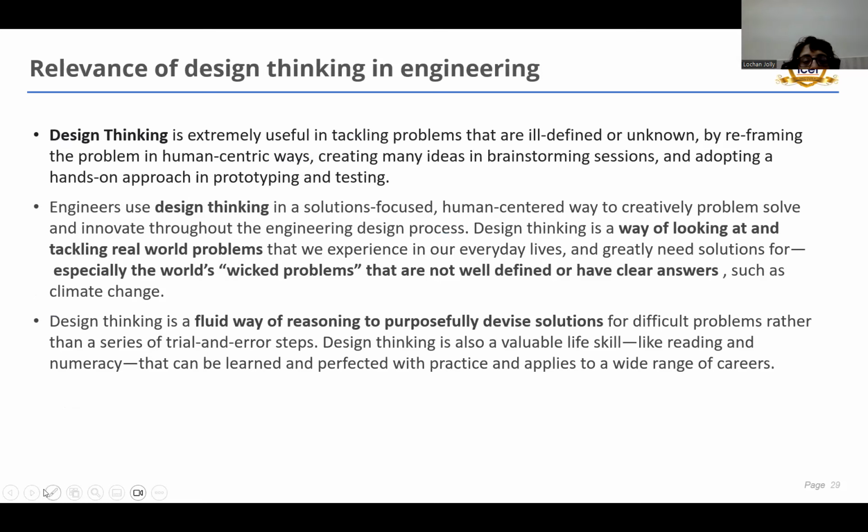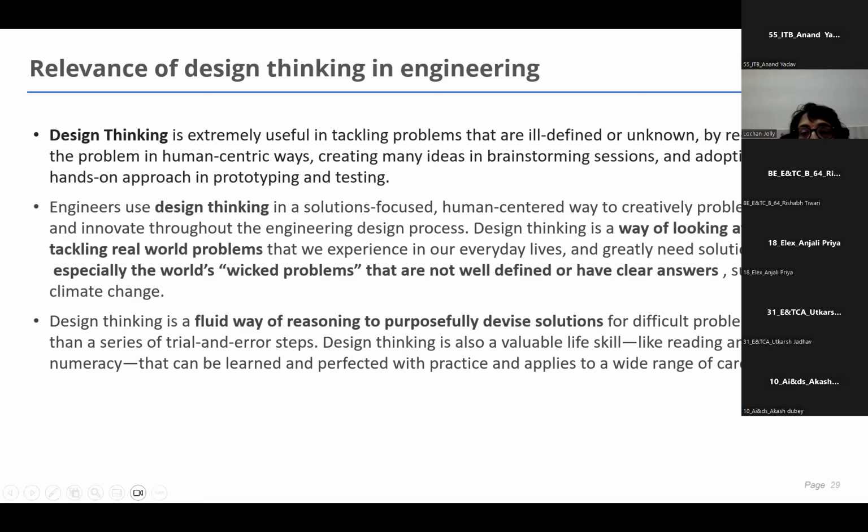Now, the question that comes is, you are studying this subject, and is it really relevant to engineering, or is design something that non-technical people are doing? What do you say? I've put up certain examples of design thinking, but I just want to know your viewpoint on this.